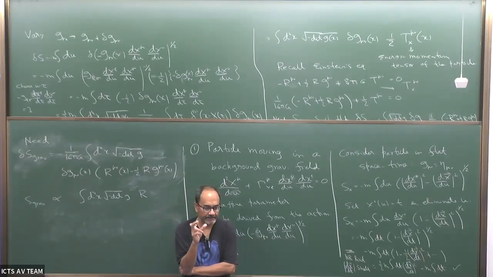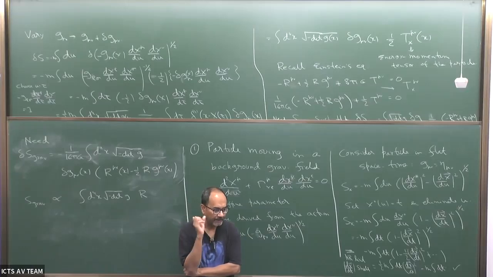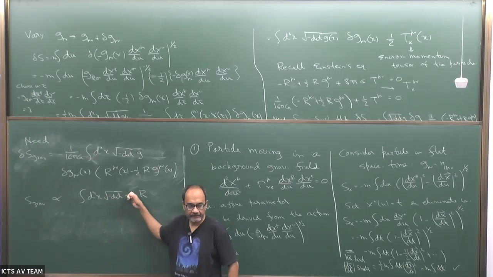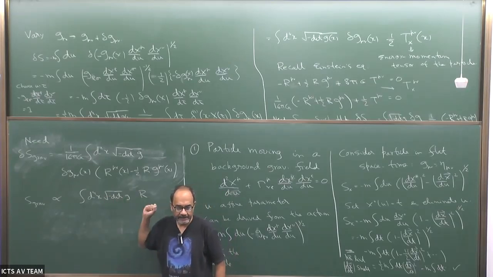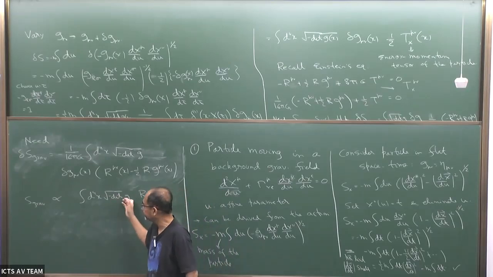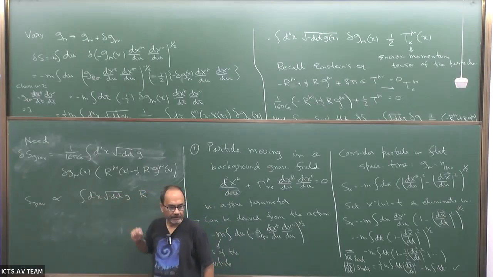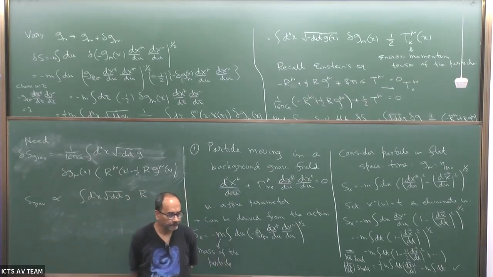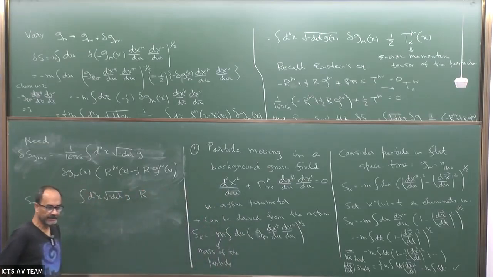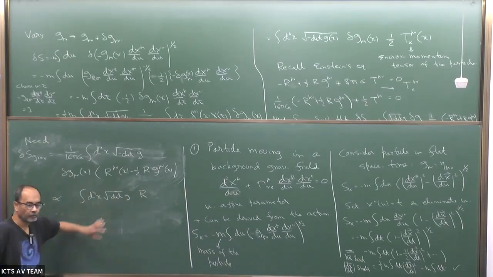X to x prime, there's a determinant del x prime that comes in. And that gets cancelled by the transformation of this, because determinant G is also not invariant under general coordinate transformation, and that Jacobian exactly cancels what you get from the x transformation. So this combination is invariant.